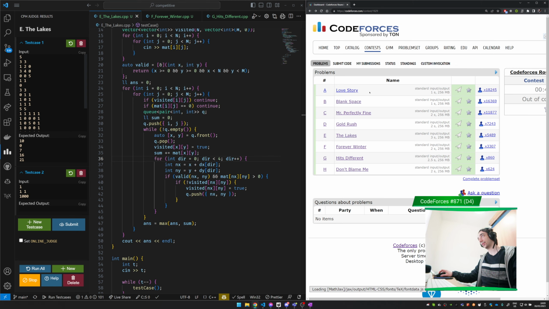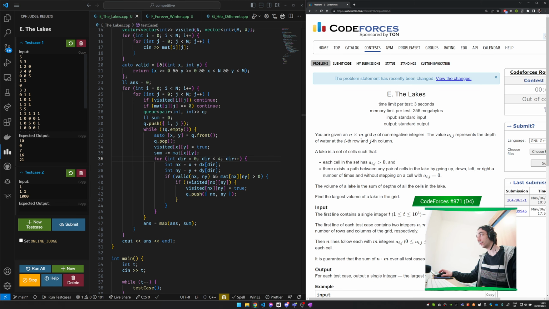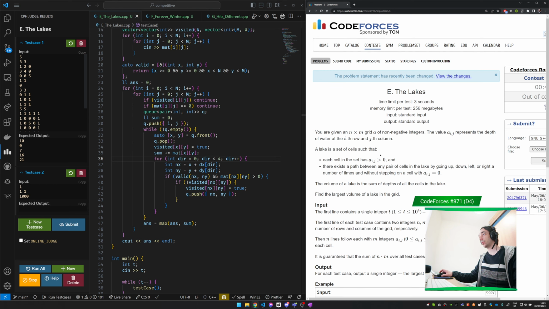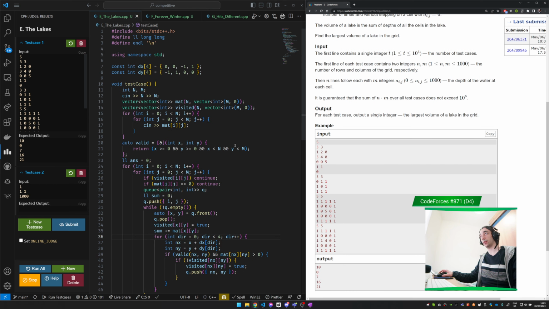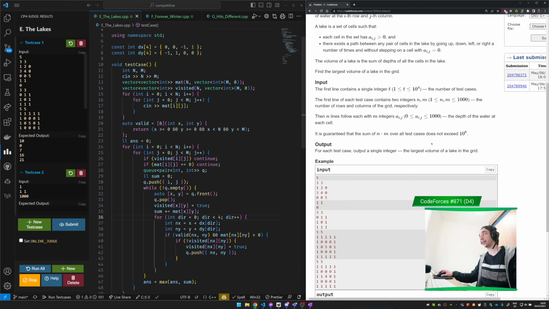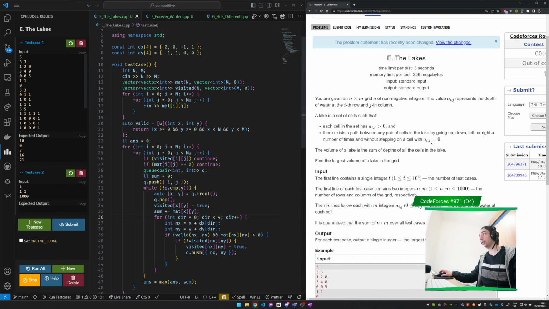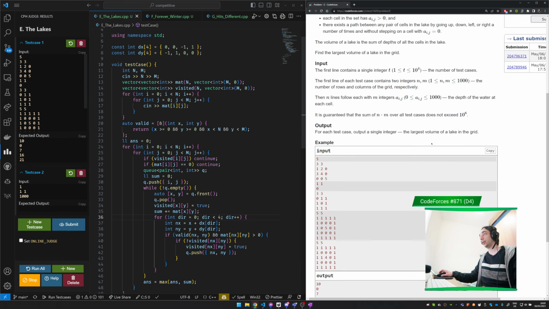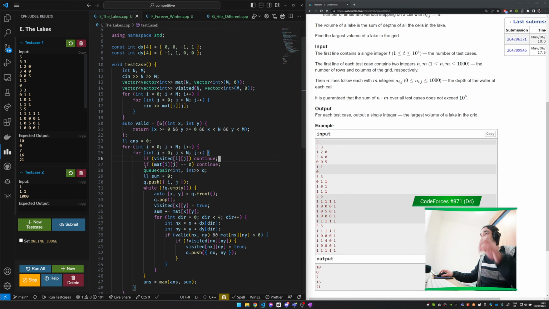Okay, let's go E. So E is just straightforward DFS, or whatever you do, like DFS or maybe DSU, it doesn't really matter. The only thing that matters is that you cannot start at 0.